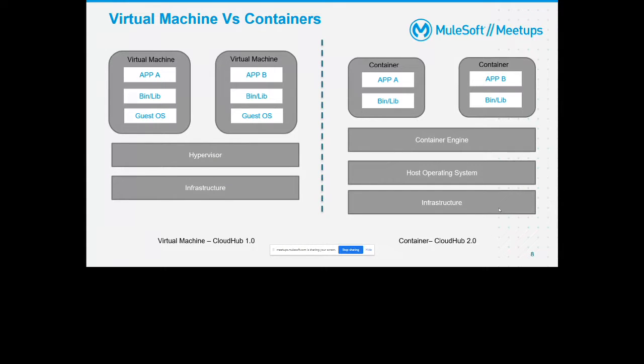When it spins up a virtual machine, it needs to restart or reboot the operating system, then the binary libraries, and then the application. So there is always one extra layer. Okay, so there's no such concept of rebooting. No, no, no. Your container engine creates the interface between the application and the host operating system.